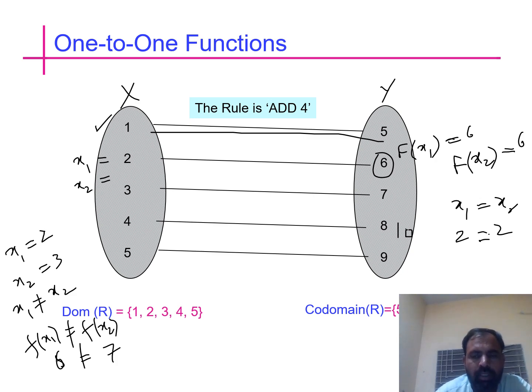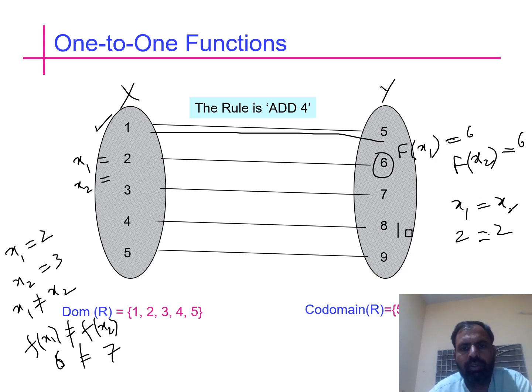Remember that codomain is different and range is a different set. Range is only the answers which we get, the only outputs which you get, and there is a difference between codomain and range.